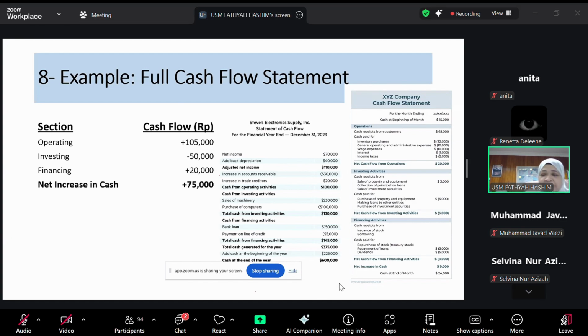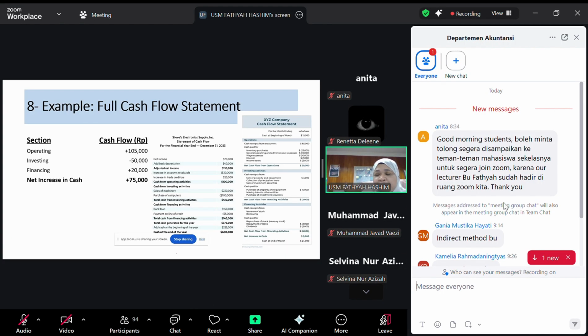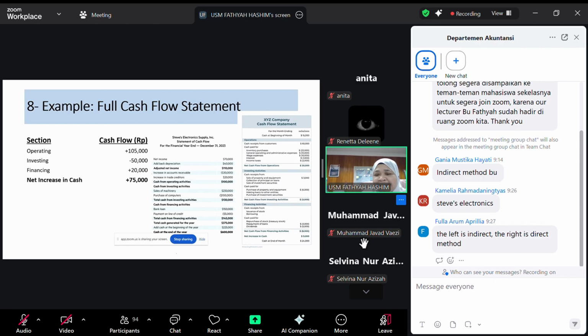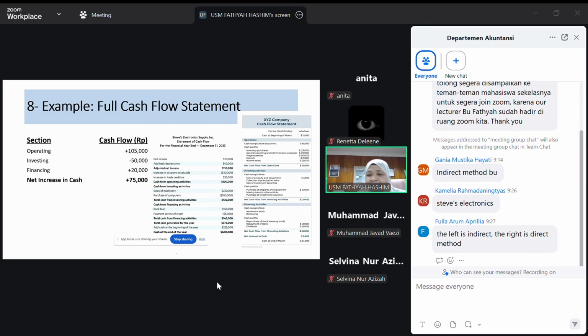So how do we know that Steve prepared their cash flow statement using the indirect method? When the statement starts with net income, we know already that it is using indirect.